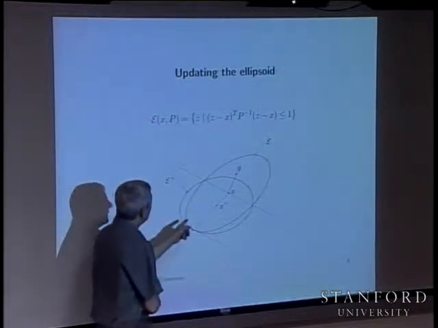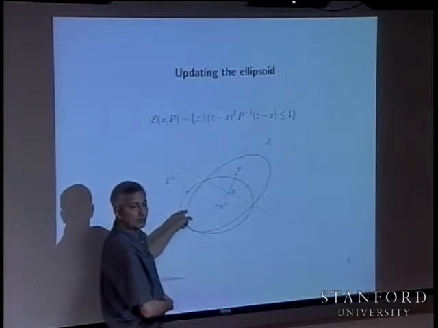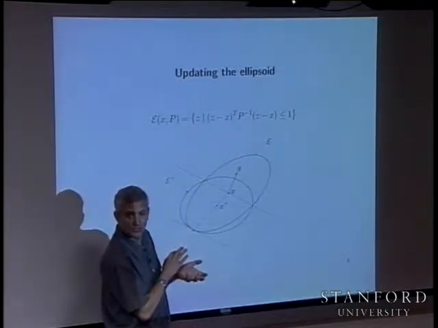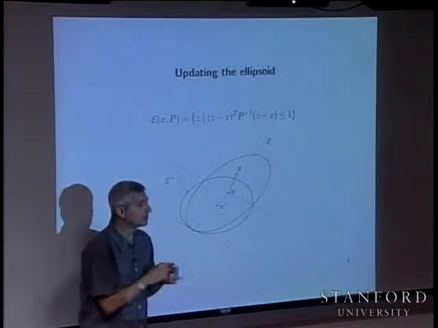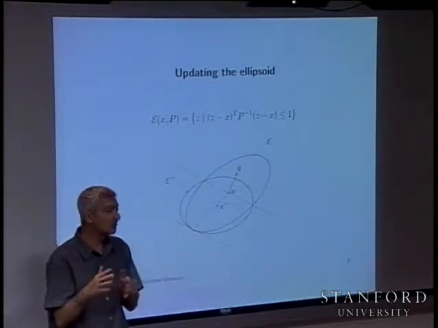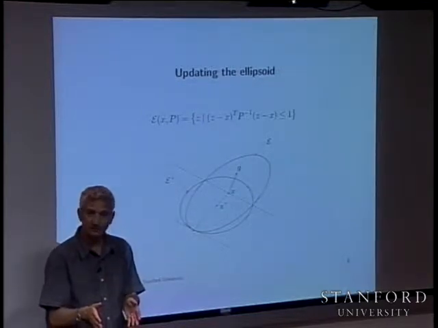Let me ask you this. I can do an affine change of coordinates, and this problem is the same. Okay? When I do an affine change of coordinates, all volumes get multiplied by the absolute value of the determinant of the transformation matrix, right?